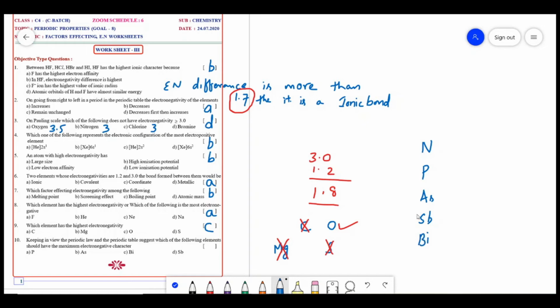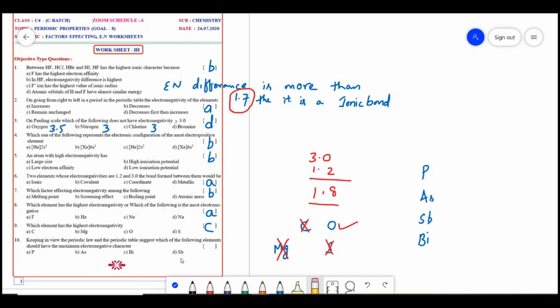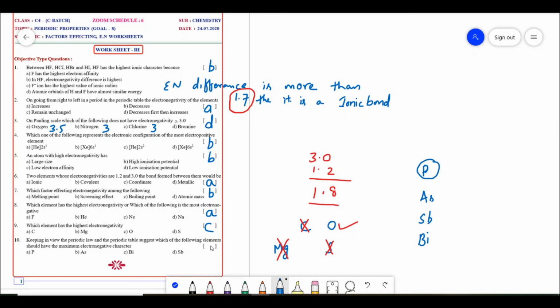They all belong to the same group. From top to bottom, electronegativity decreases. He did not give nitrogen, he gave from phosphorus. Here phosphorus, arsenic, bismuth, and antimony are given. Among these, top to bottom, electronegativity decreases. So the most electronegative element is phosphorus. So the answer is A.